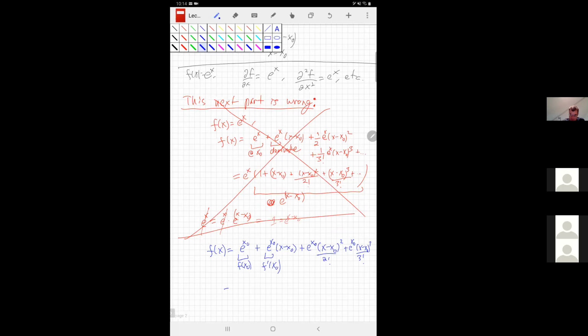Because now what you've got is e to the x naught times 1 plus x minus x naught plus x minus x naught squared over 2 factorial plus x minus x naught cubed over 3 factorial, etc. So what we're left with is e to the x on the left side, that's f of x, e to the x naught, and then this is the series for e to the x minus x naught.